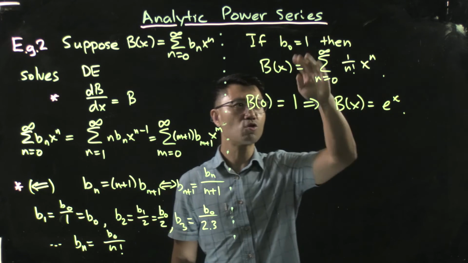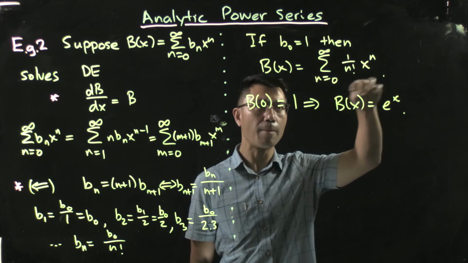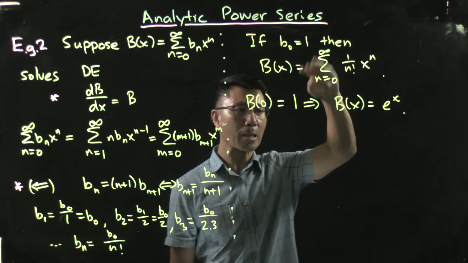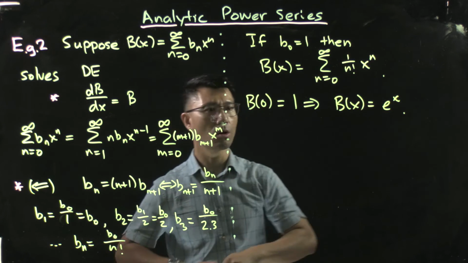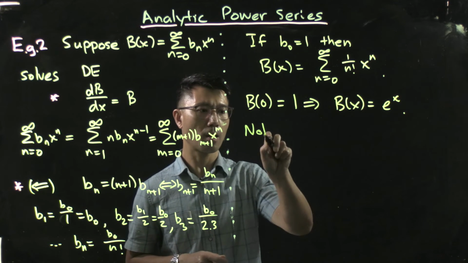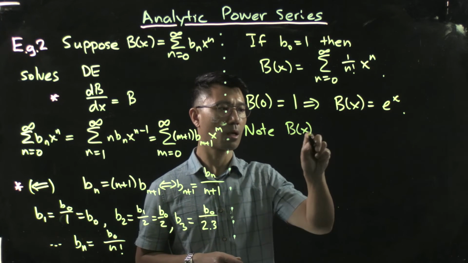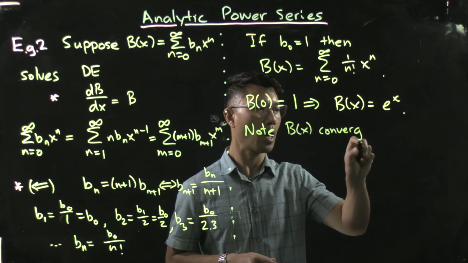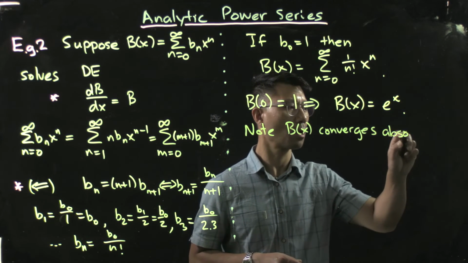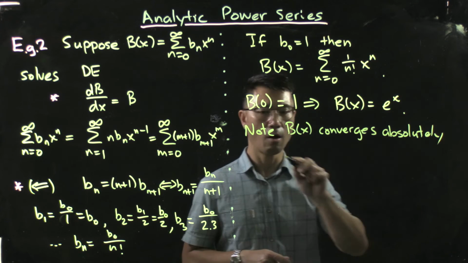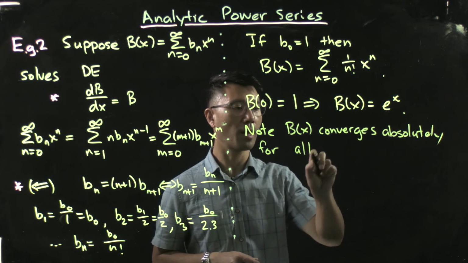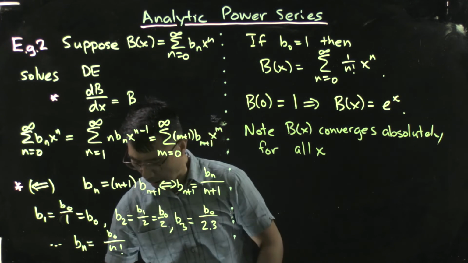Of course, for this to be true, you want to say that this had better be convergent. So note b of x converges absolutely for all x. Why is that true?